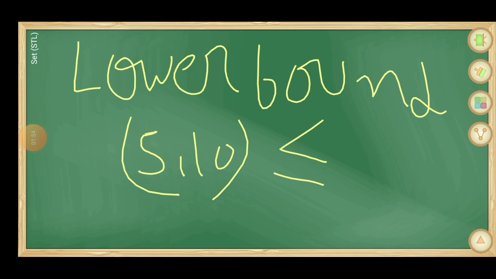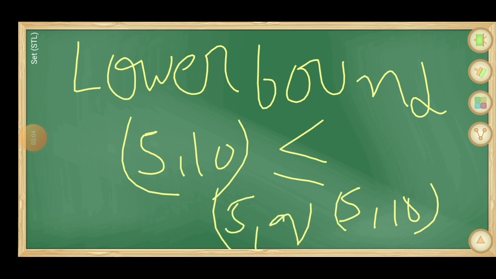So we obtain the output as it is, 5 maps 10, or 5 maps 9, 5 maps 8, and so on, but it will be less.